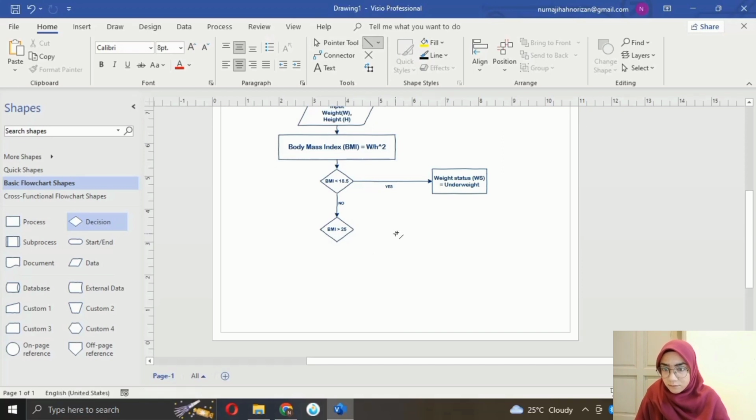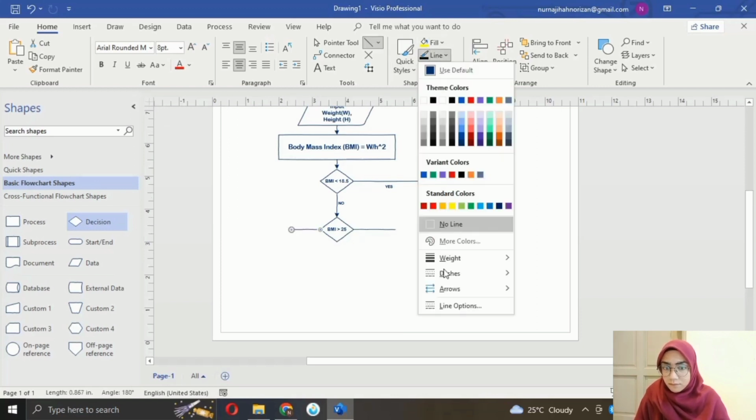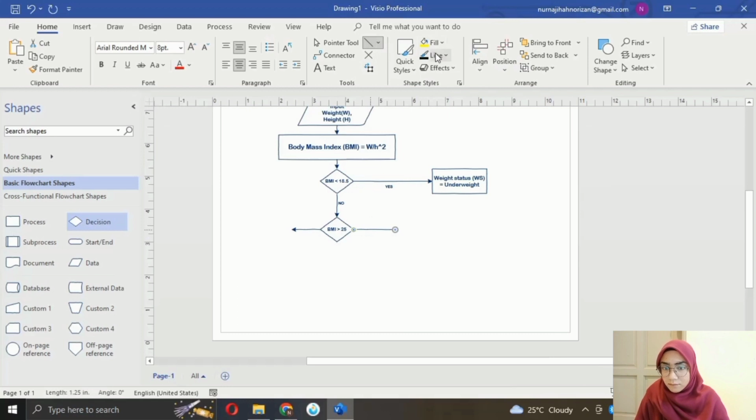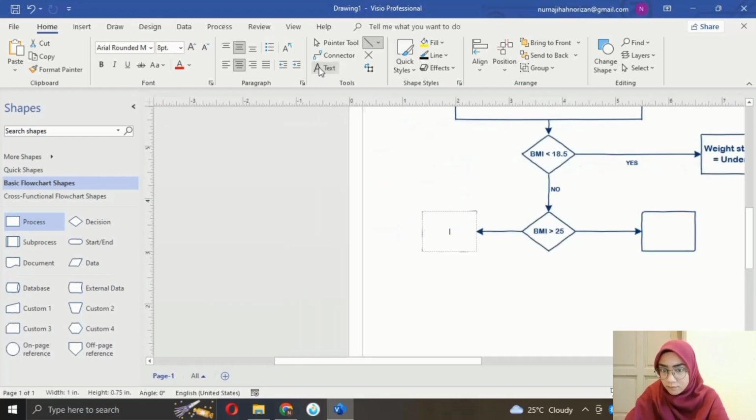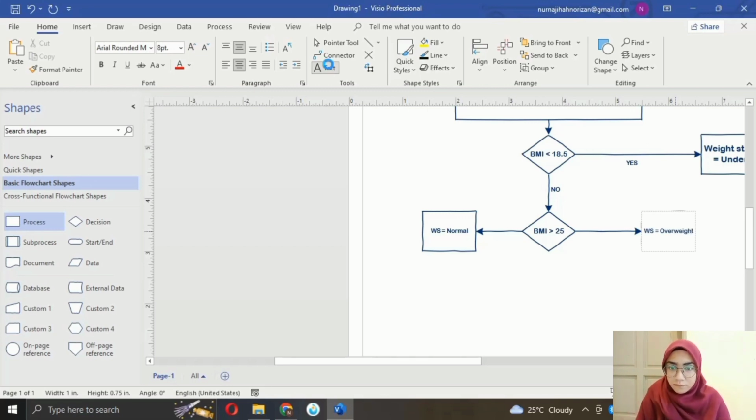Okay. Next, we will continue on the right side, using the table and rectangle. The explanation on the left side is WS, which is weight status equal to normal, and the right side is WS weight status equal to overweight.